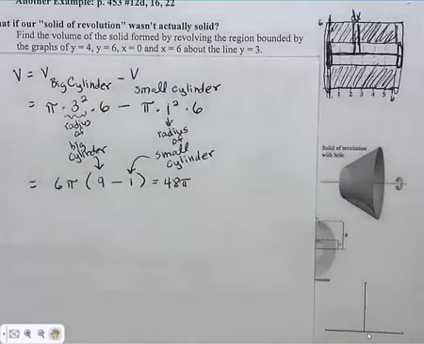Now that was just using geometry and a formula that we have from geometry, but the formula for calculus is very similar to that, in that we are going to have to subtract the radius of the inner function from the radius of the outer function. It's still going to be outer function minus inner function.